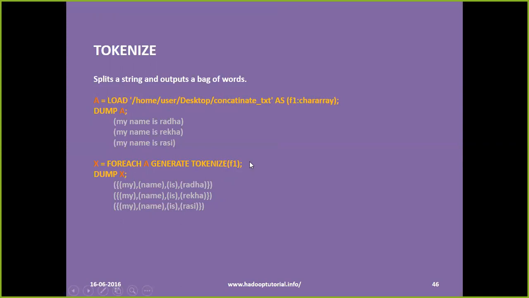So tokenize of F1 tokenizes your strings by either space delimited or tab delimited, and it gives you one inner bag with each having one tuple. So this is one string, one field tuple, this is another field tuple. So this is a set of tuples, you'll get these. So tokenize.